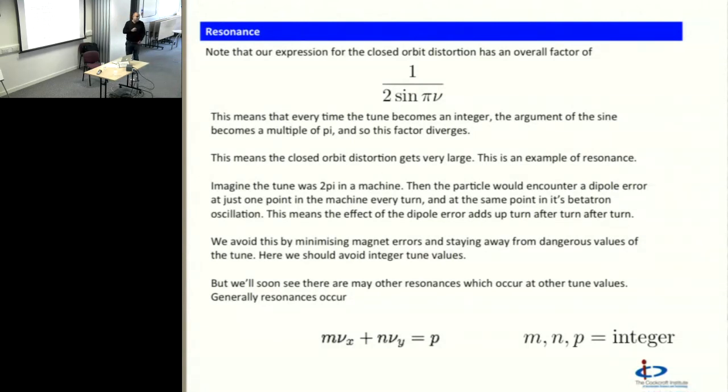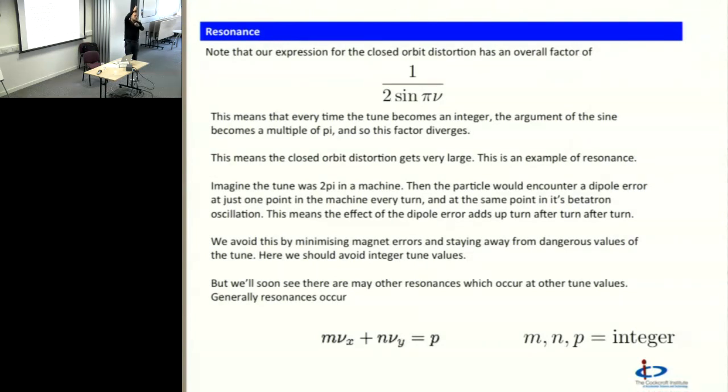So imagine I built an accelerator. I went upstairs, I designed it. My one turn phase advance was 2 pi. Bad choice. You think, well, why not? Just a nice oscillation. So if I had even a single dipole error in that accelerator, it means the beam would encounter that dipole error every turn at the same point in its betatron phase, the same point in its motion.